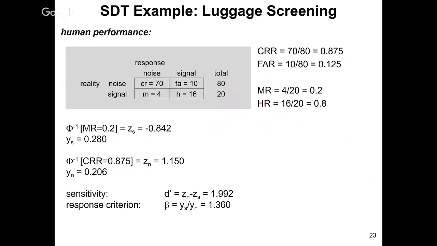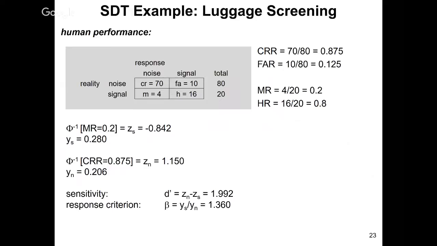So we've got our correct rejection rate, false alarm rate, the miss rate, and hit rate. Right now, I'm just going to write down some numbers, so we may want to go to another slide. 0.2 and 0.8.